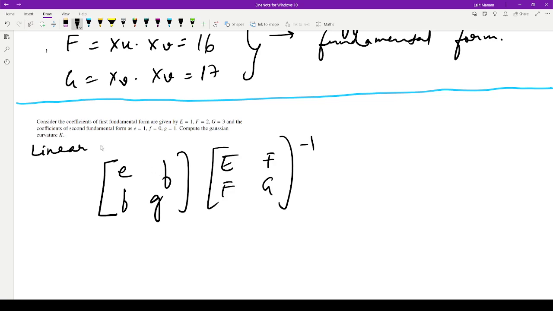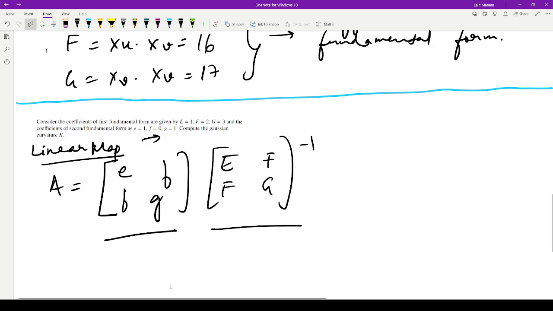Yeah, in the lectures it's given as a linear map. So given this matrix, let's call it A, defined by the second fundamental form coefficients and the first fundamental form coefficients, we get the two curvatures, the Gaussian curvature and the mean curvature.